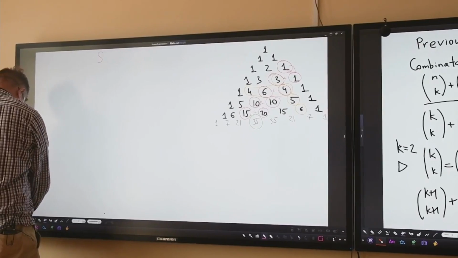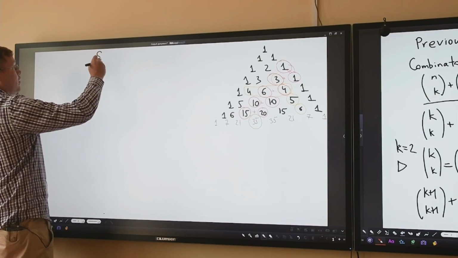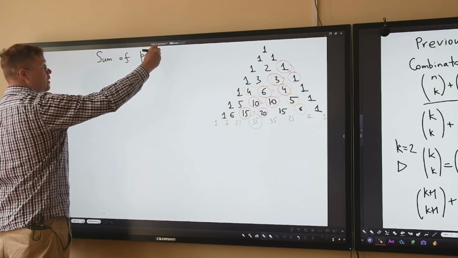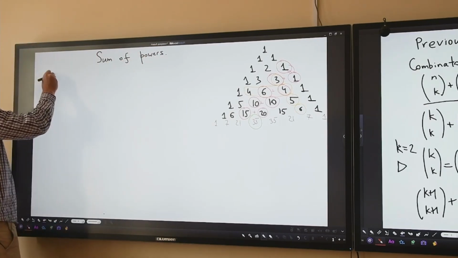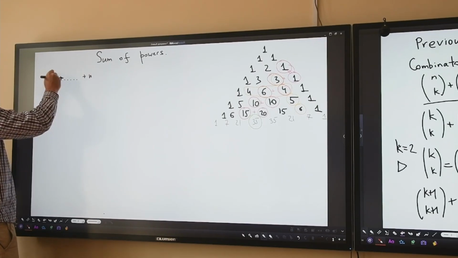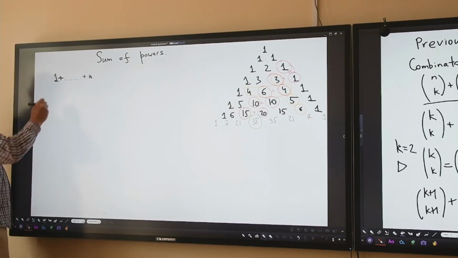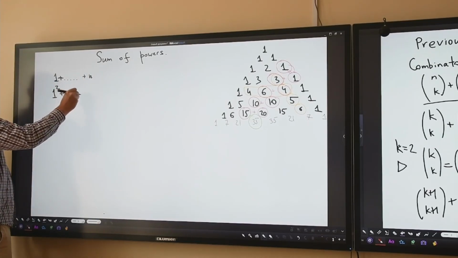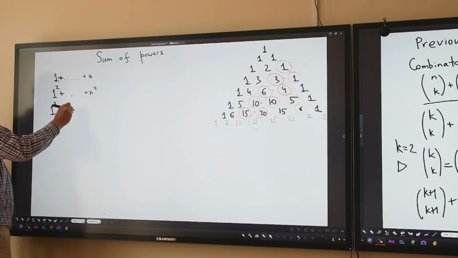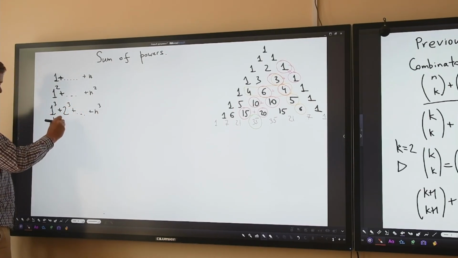Now, I'm sure that you know what the sum of the first n natural numbers is, but maybe you're not familiar with the sum of squares, sum of cubes, and so on.